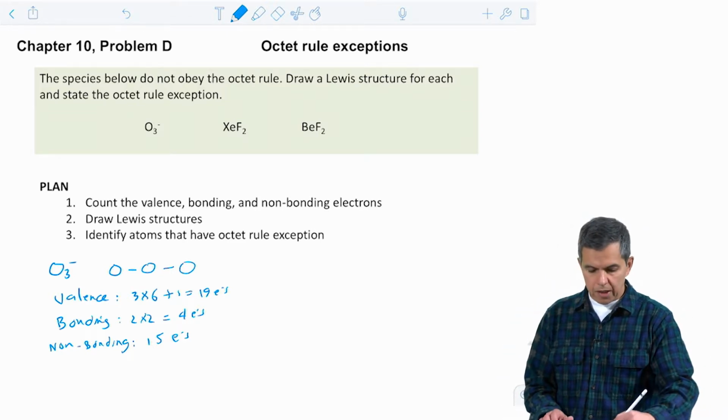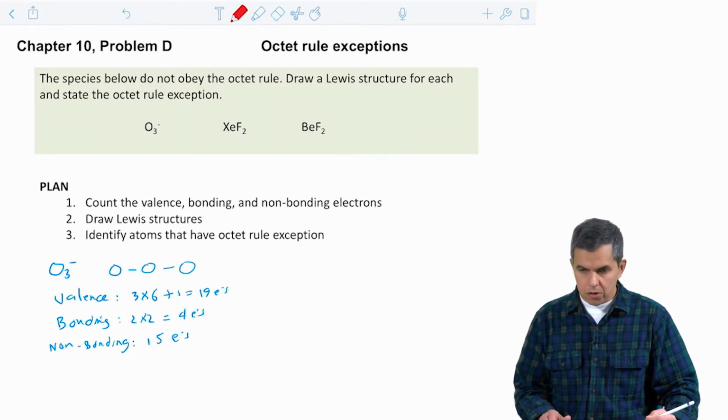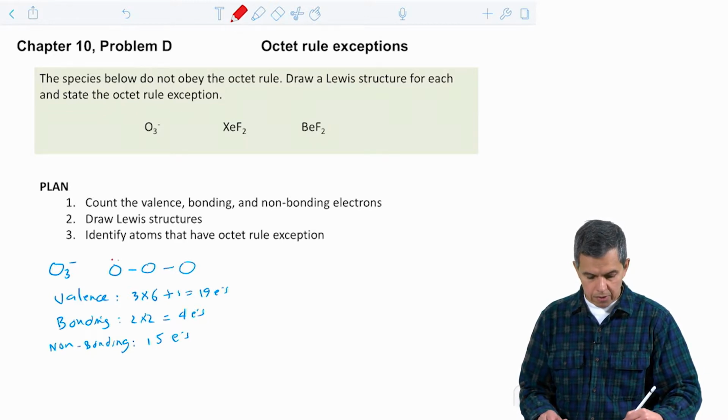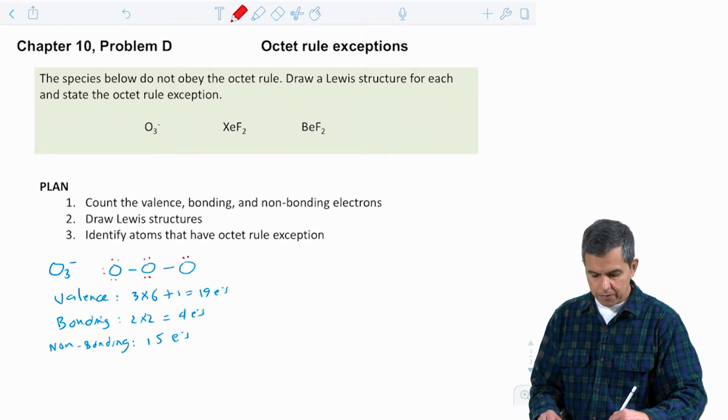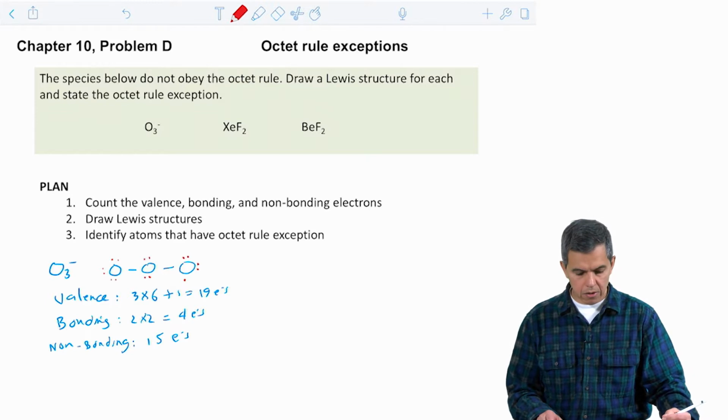So we are going to place 6 electrons on the first oxygen, 4 electrons on the next one, so that's 10, and we have 5 left to be placed on the last oxygen.